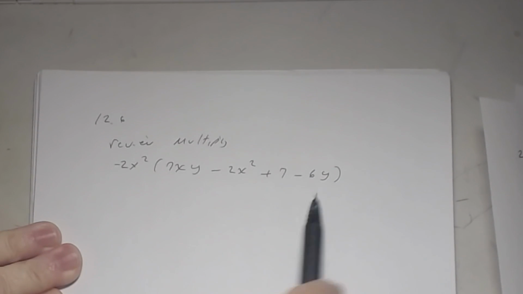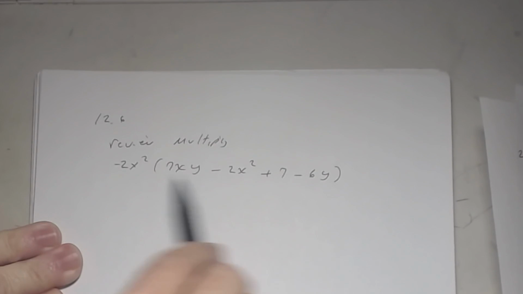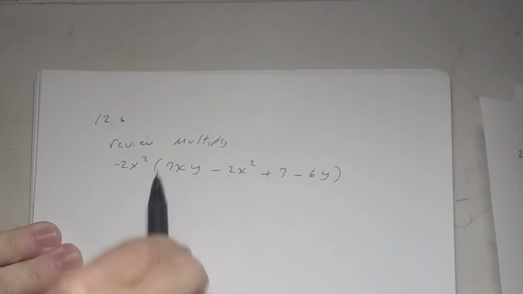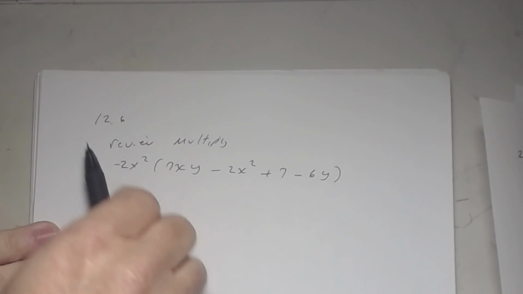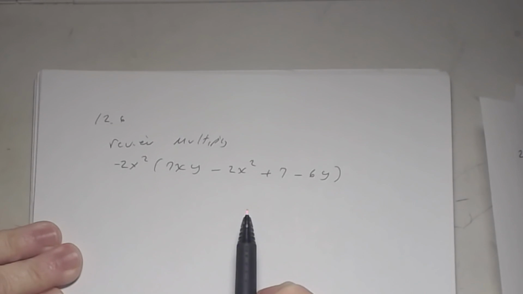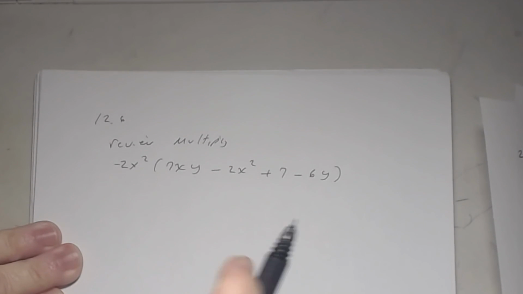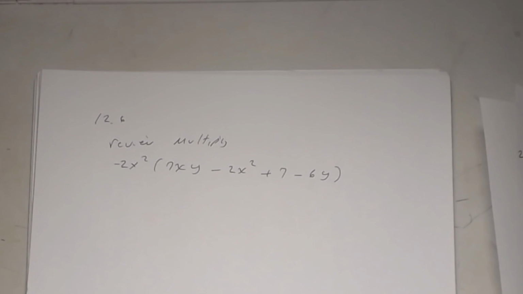So when you have a polynomial, more than one term, times a polynomial that's one term, what property are you going to use? Distributive property. So you have to be able to think as you go through this: what do I have? What you have determines how you're going to proceed.